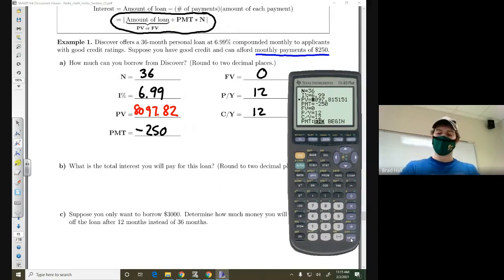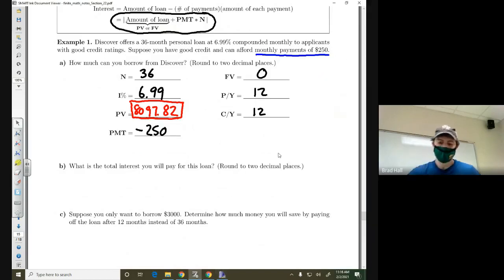So far, it looks like, well, what's the difference between this section and the previous section? Because that was exactly what we did in the last section. It's the part B that is the new stuff. Just notice now there's a part B at the bottom. And part B wants to know the interest. So Discover's letting you borrow a lot of money here, $8,000.